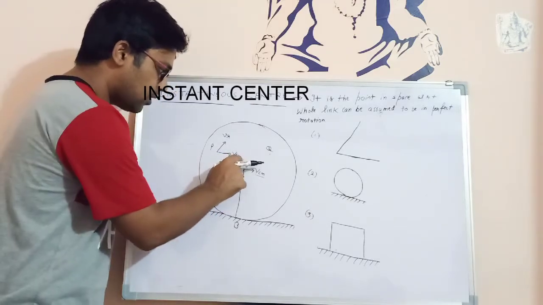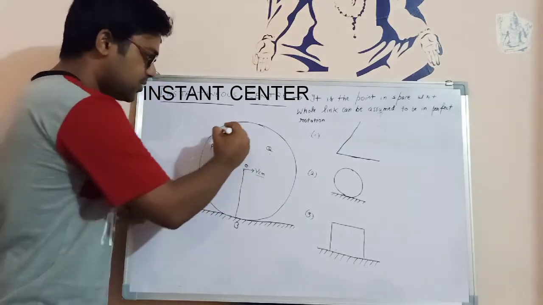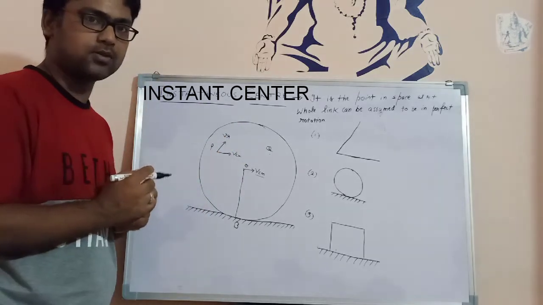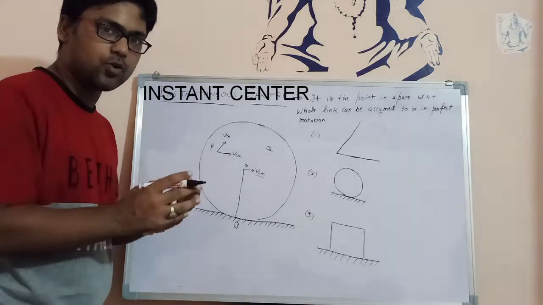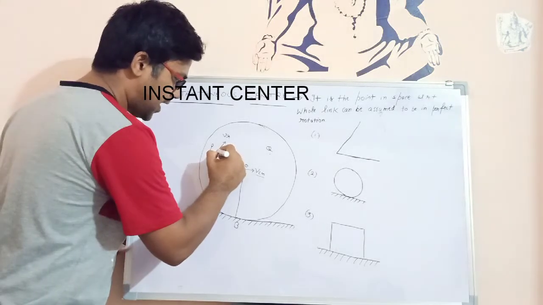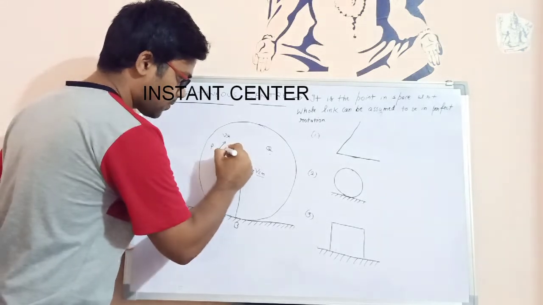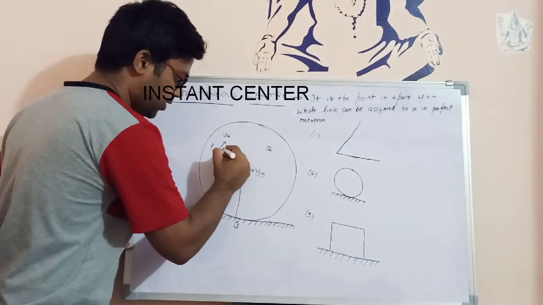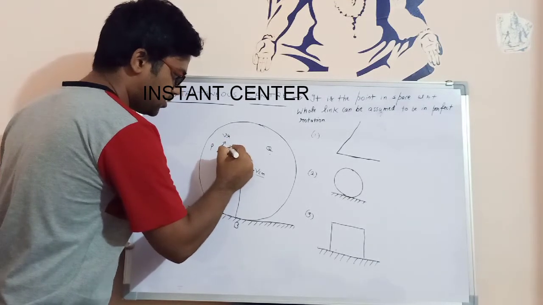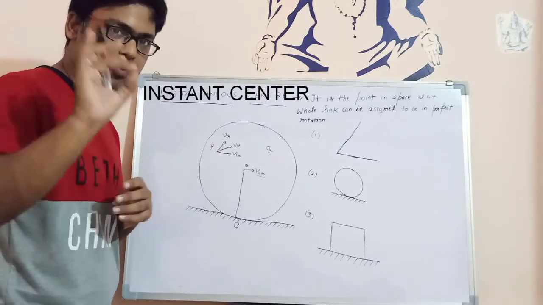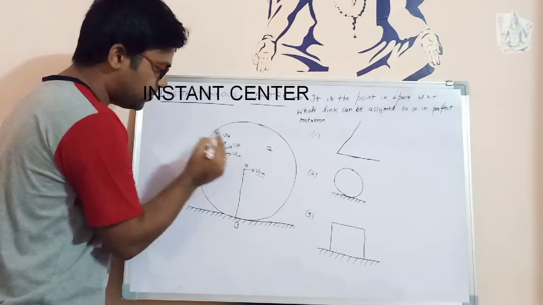Since this is the velocity of rotation and this is the velocity at point P because of the center of mass, we are going to have a resultant between the two. The resultant will lie at this point, and this is called my VP. That is the net resultant velocity acting at point P.